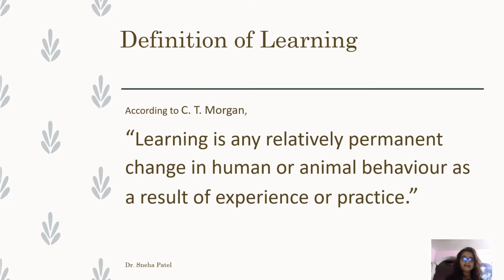That learning can only take place if the behavior changes, and that behavior should change for a longer period of time. And third, that behavior should be the result of experience or practice. It has nothing to do with our innate inborn abilities or skills.